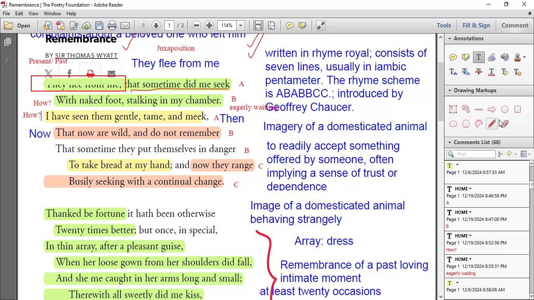Then again he goes to the past. In the past, what were they doing, the ladies? They put themselves in danger by coming to my room, by meeting me in secret.